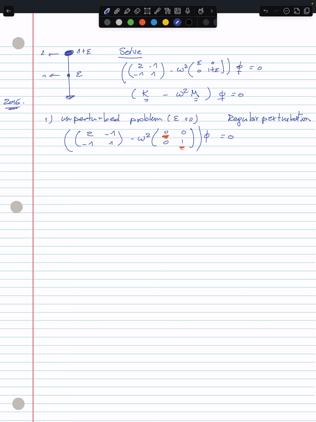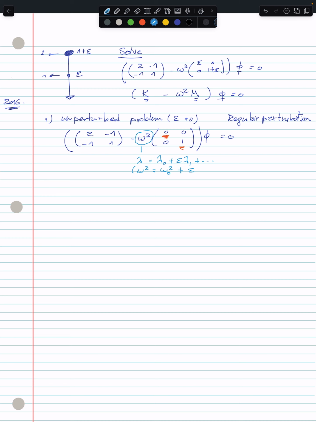Maybe just to start, I'm going to rename omega squared. I'm going to rename this lambda, because at some point we will have to use lambda 0 plus epsilon lambda 1, and so on and so on. And it's much better, of course, to use this notation than to write omega squared is equal to omega 0 squared plus epsilon.